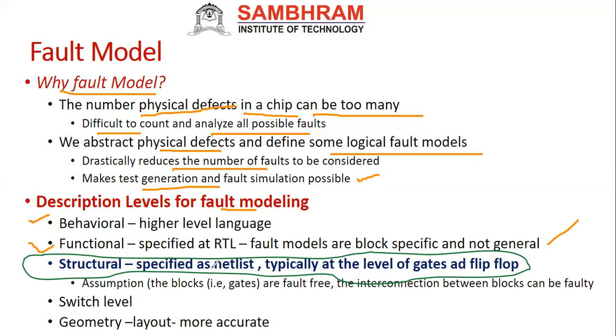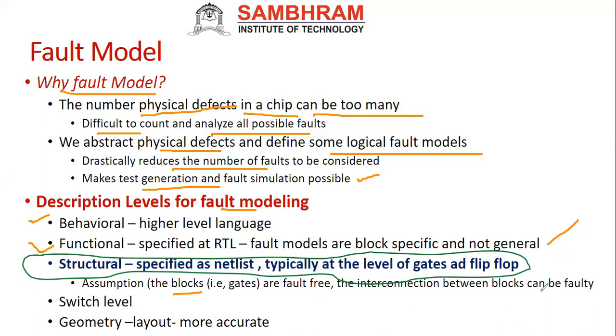Next, one of the very popular fault modeling levels is structural. That is specified as a netlist, typically at the level of gates and flip-flops. We have to make the assumption that the block is nothing but a gate. One single gate is a block and is fault free.